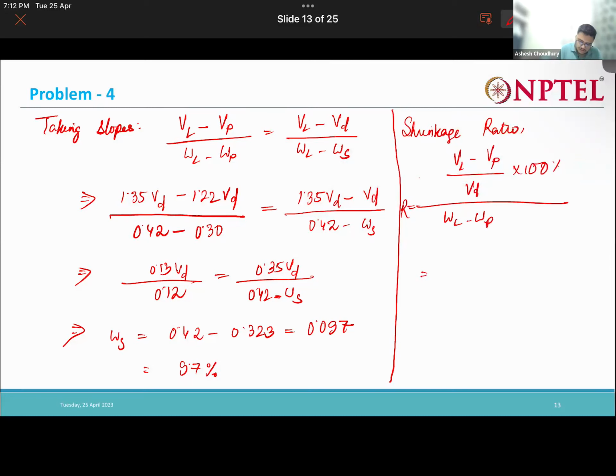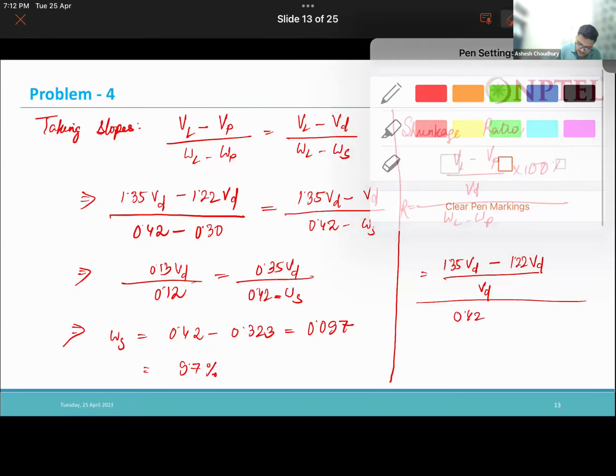So this is the formula for the shrinkage ratio. So the VL is 1.35 VD, and VD is VD. So it's percent.